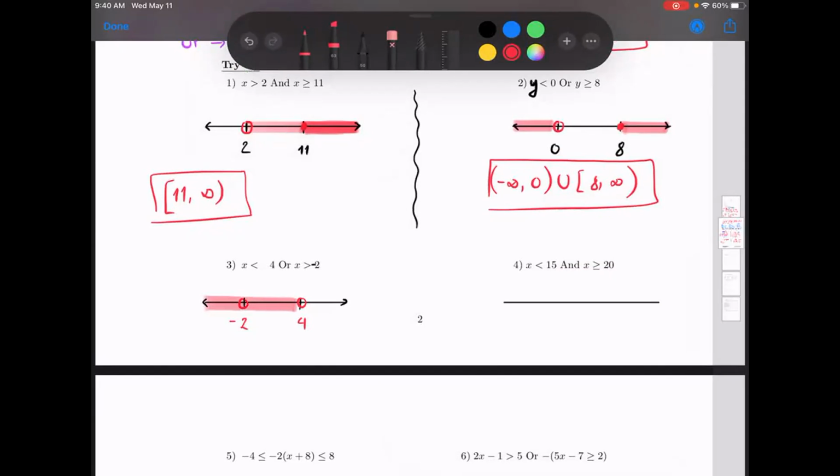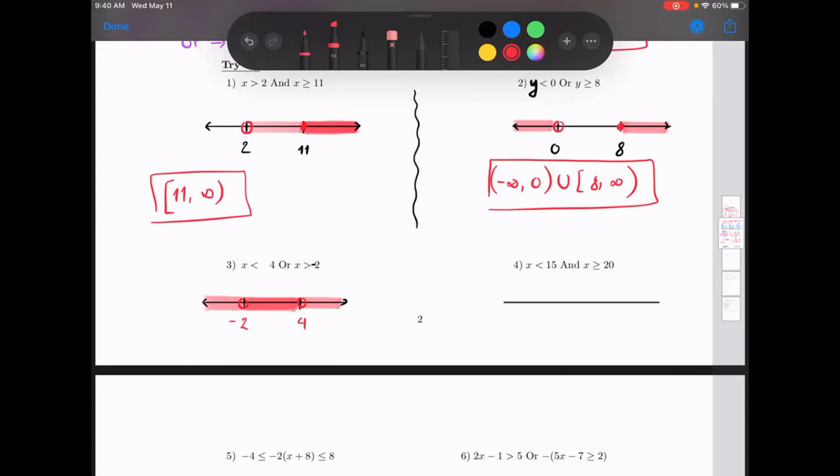And then X is greater than negative 2, so from negative 2 to the right. And it's an or. Or means joining. So what is the solution here? Remember, for or, you pick whatever you see highlighted on the number line.